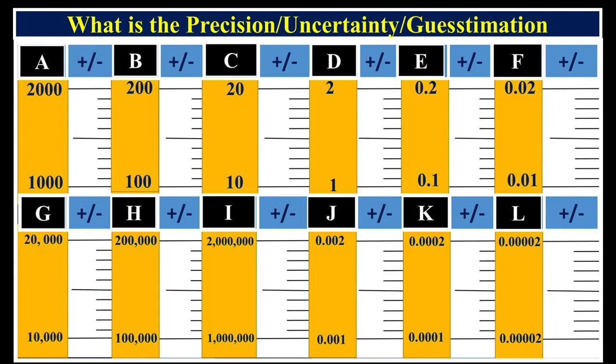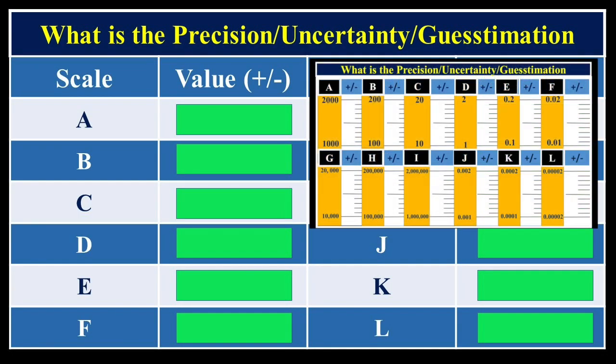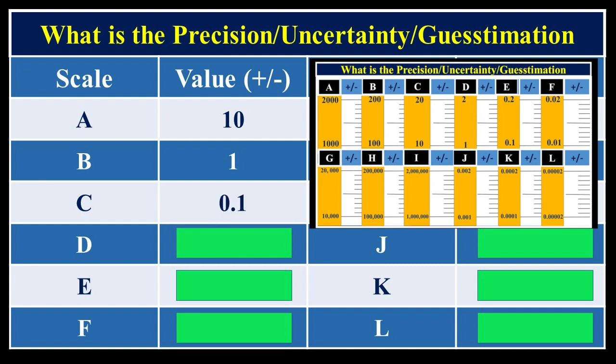I want you to stop, put this on pause, make sure that you can read all of the uncertainties, and then we're going to put on the answers in 3-second intervals. So good luck. I'm going to say goodbye and just let the movie run. And there are the questions embedded. So the first one is 10, the next one is 1, etc. I'll see you in about 2 minutes.